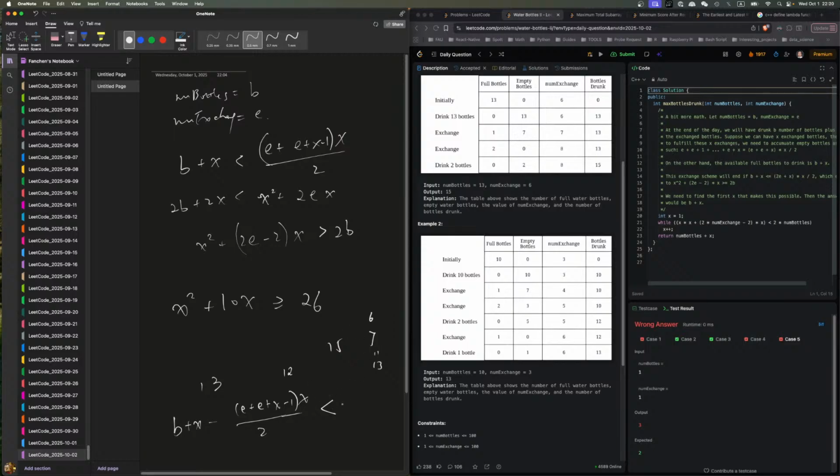But if it's smaller than exchange plus x minus 1, that means it's the end. This is the end. We cannot do more exchange because the leftover is smaller than what we have.